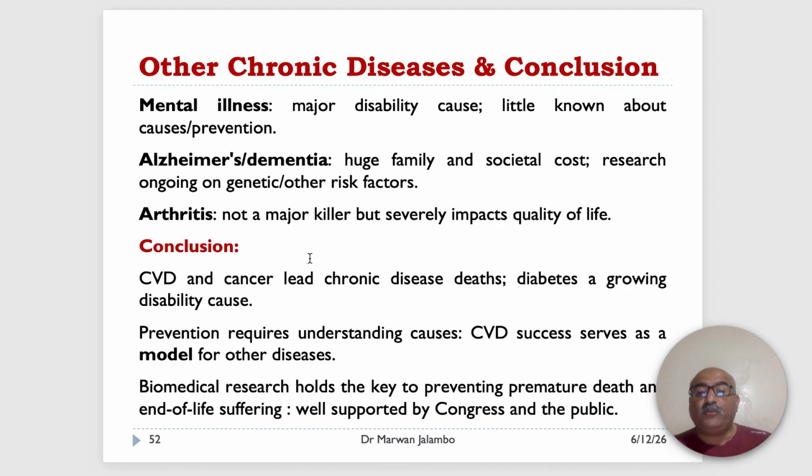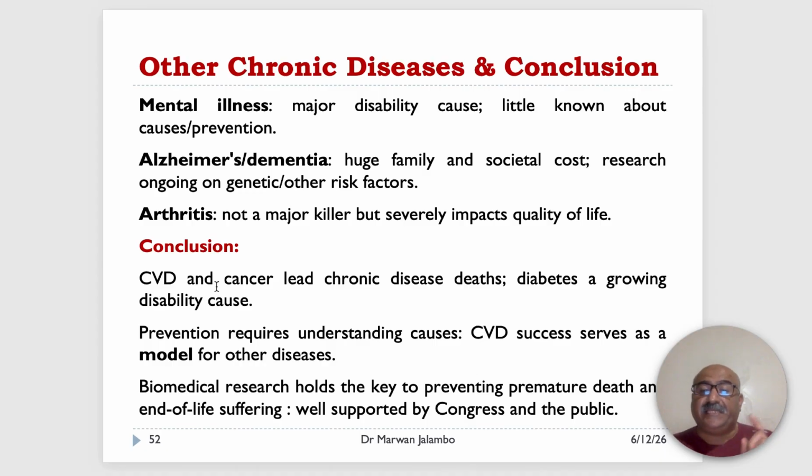Now let's pull the whole chapter together. The headline is this: chronic diseases are now the leading cause of death and disability in the United States, with cardiovascular diseases and cancer at the top of the list, and diabetes rising rapidly as a major source of disability.